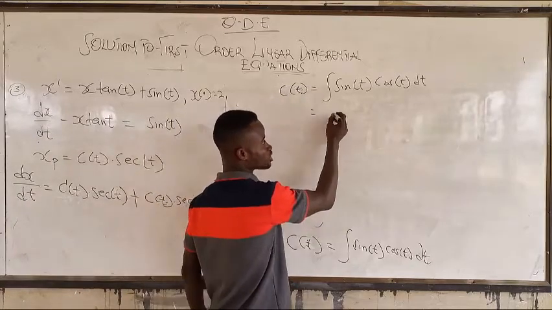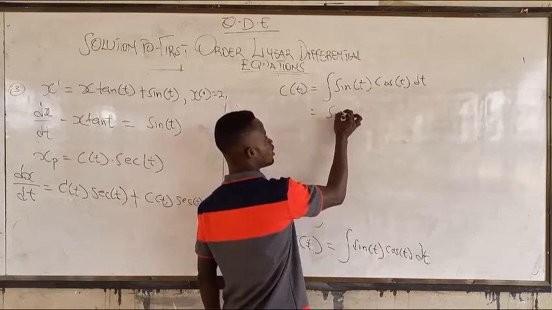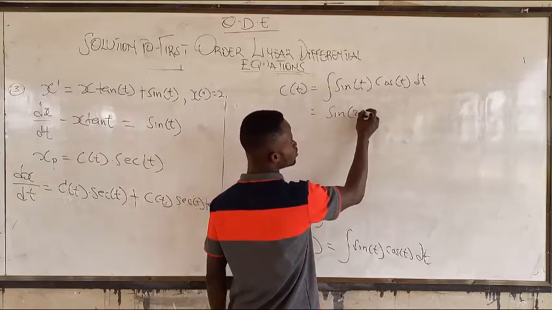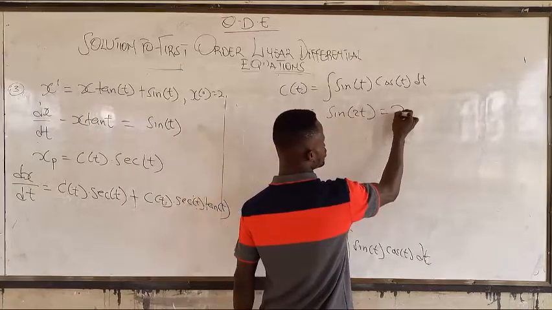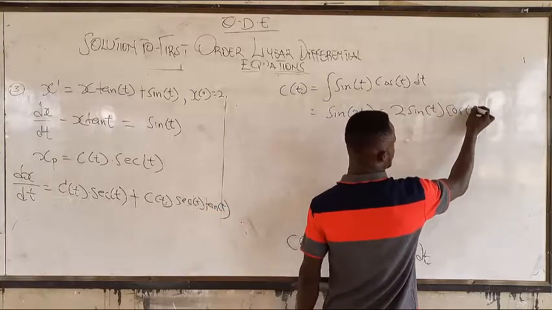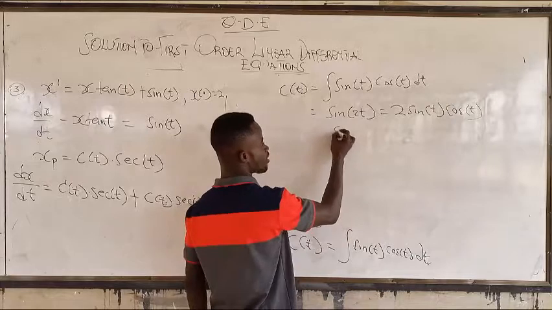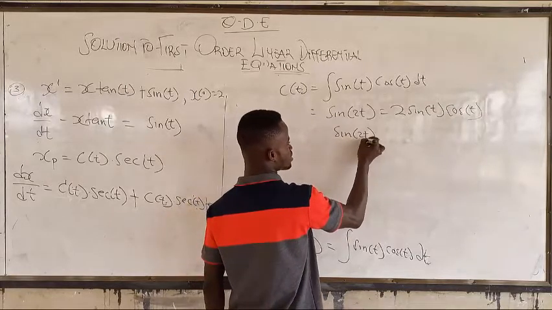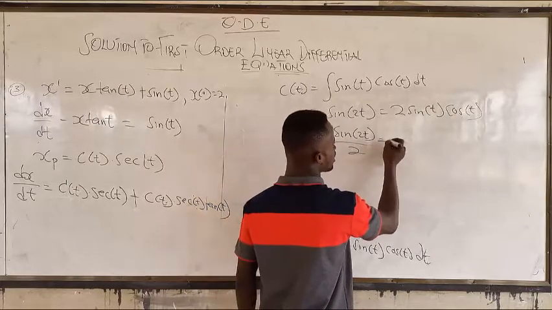Now you know that straightforward, sin 2t is equal to 2 sin t cos t. Therefore, sin t cos t is sin 2t over 2.